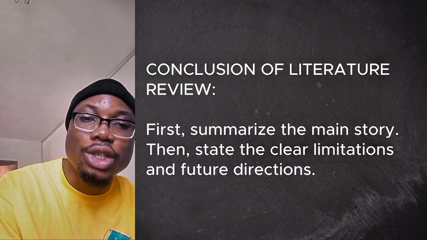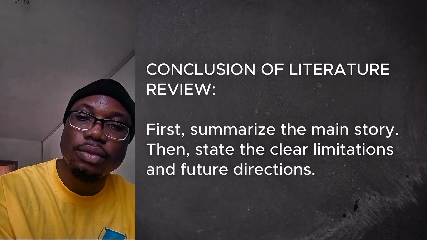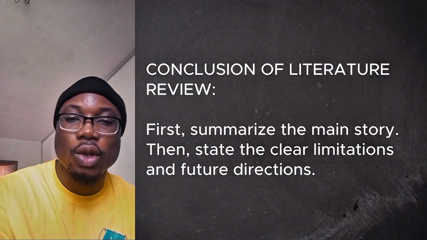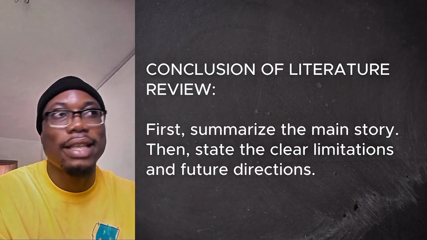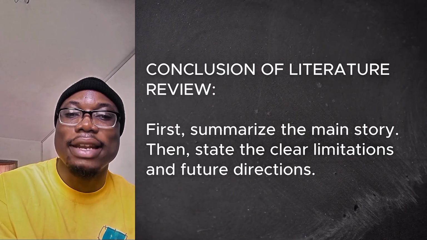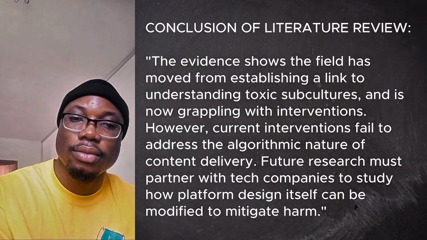So after doing all this, you get to the conclusion, which is where you synthesize and look forward. You first summarize the main story. For example, the evidence shows the field has moved from establishing a link to understanding toxic cultures and is now dealing with interventions.